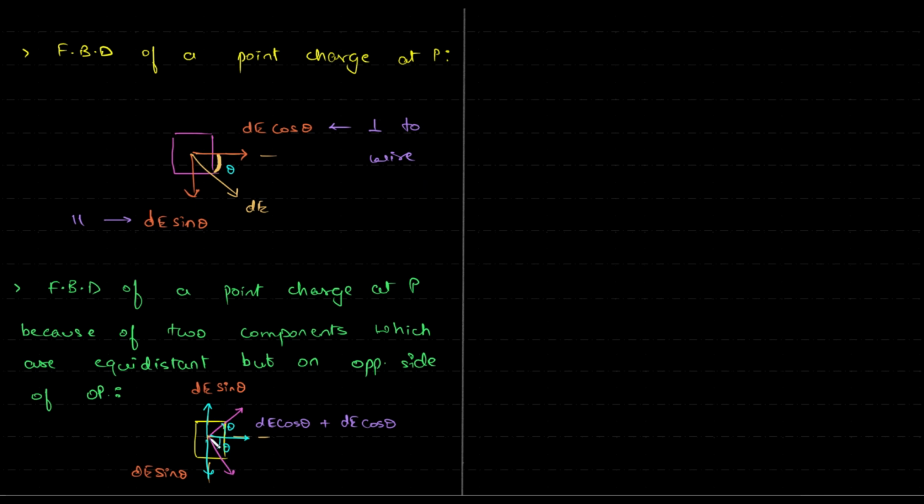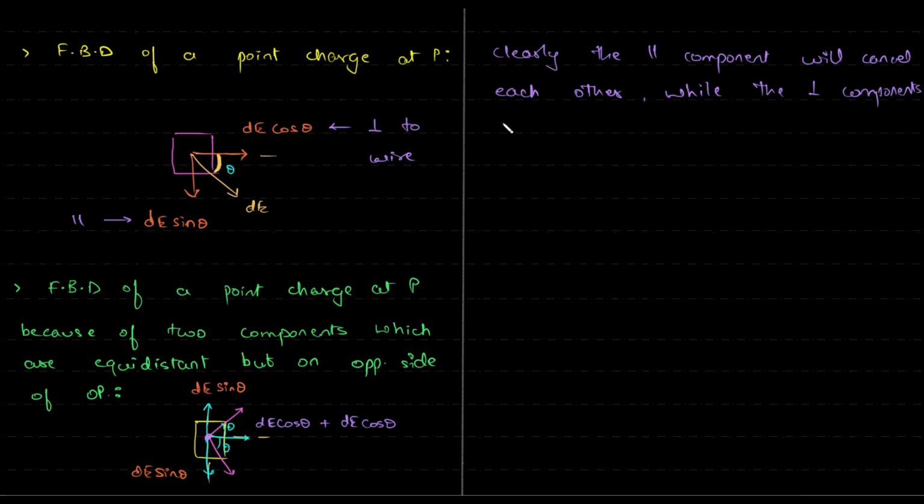So the electrical field at point A, it's because of what? It's because of the perpendicular component. Agree? So clearly the parallel components will cancel each other. So our derivation became much easier. While the perpendicular components add up.